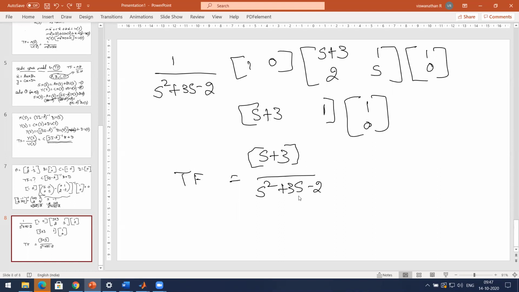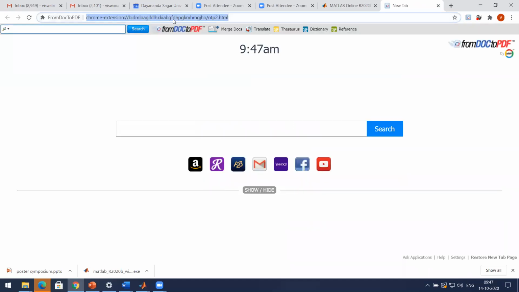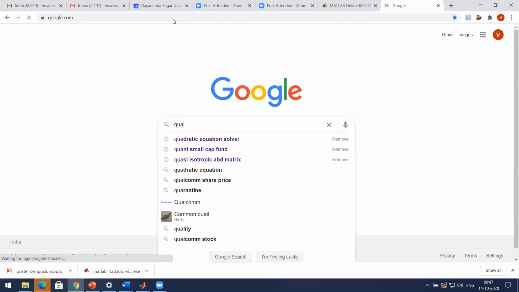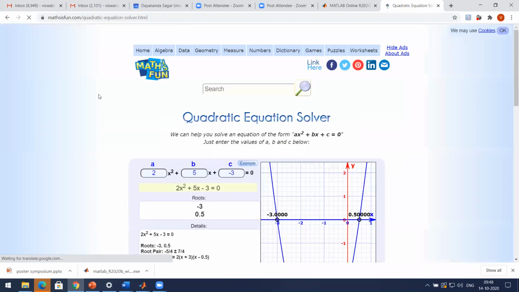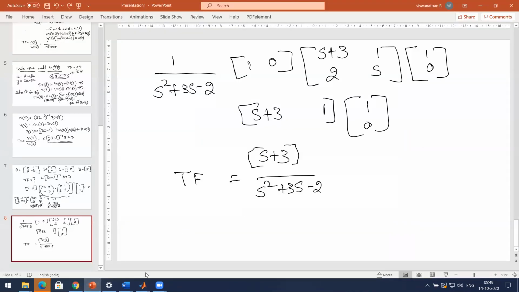What are the poles of this transfer function? Minus 3 and 2, is it so? What is the equation? s square plus 3s minus 2.